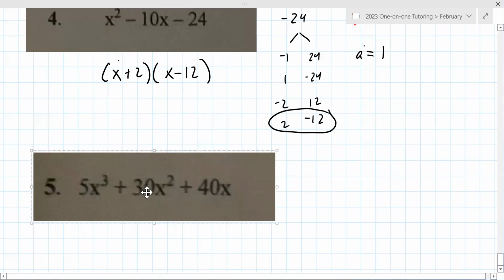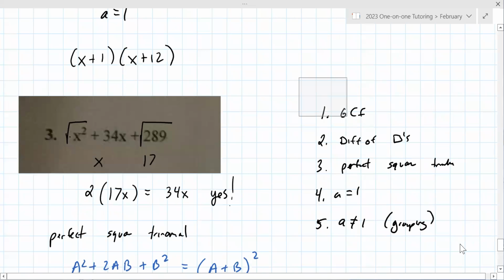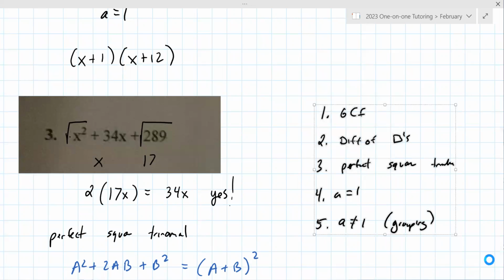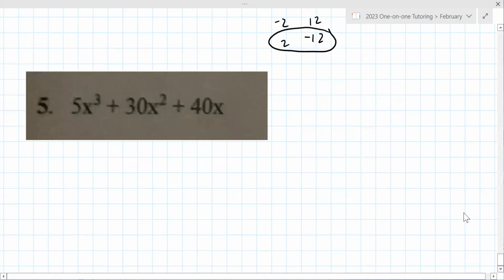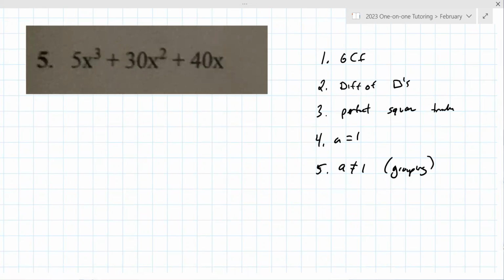Okay, so number 5 here. Grab this list of things. Take a look and let me know what stands out to you.